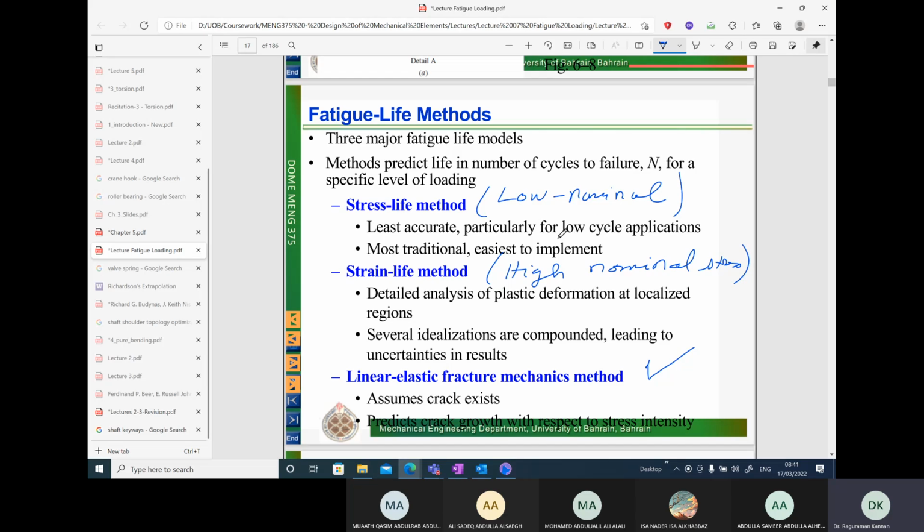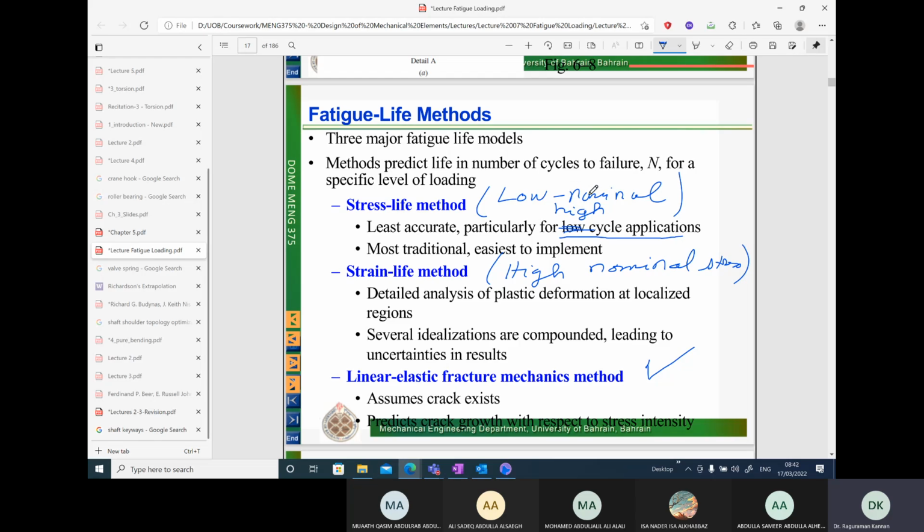Okay, so it is also called low cycle. Sorry, this is not low cycle. It should be low nominal stress, but a high cycle method. So this is wrong. It should be high cycle application. Why do we call it high cycle applications? Because the failure takes place after undergoing, let's say, nearly 1,000,000 cycles.